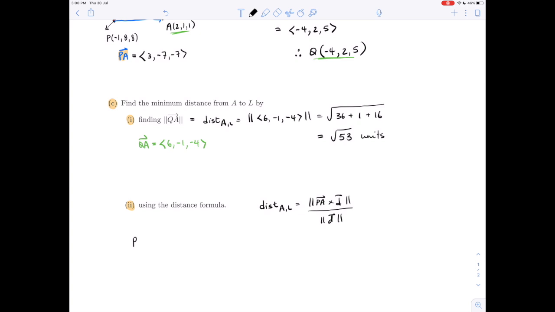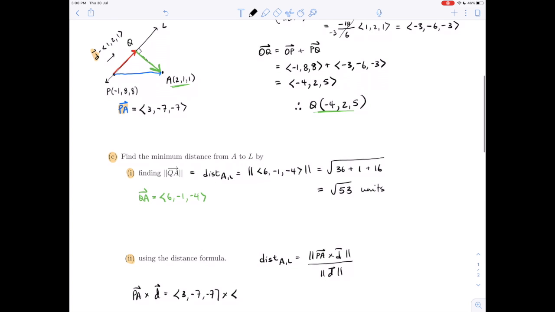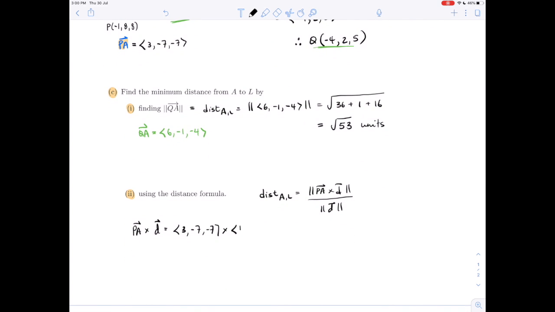So we need PA crossed with D. PA is the vector that's sitting up there above, (3, -7, -7), crossed with vector D, and vector D was (1, 2, 1).